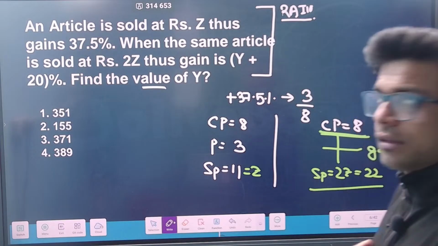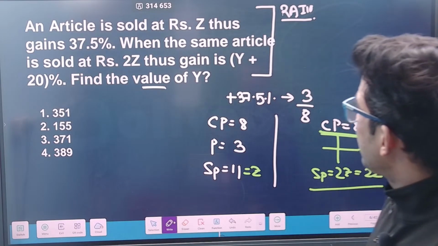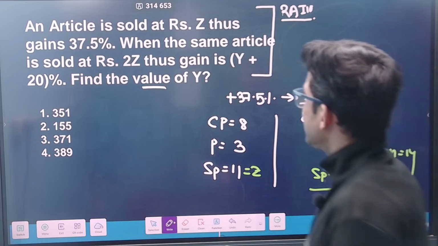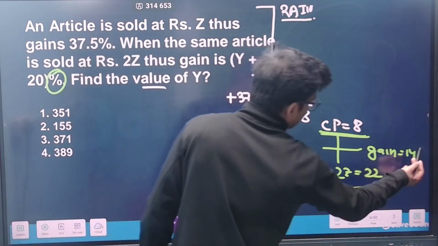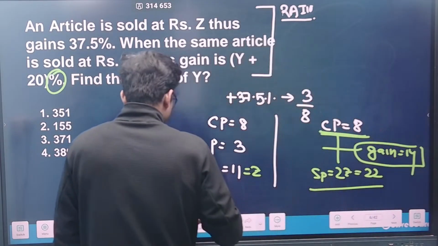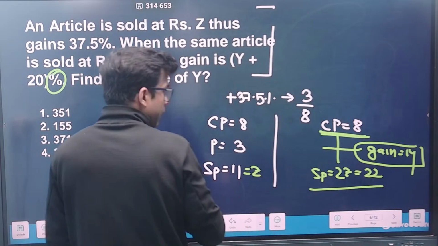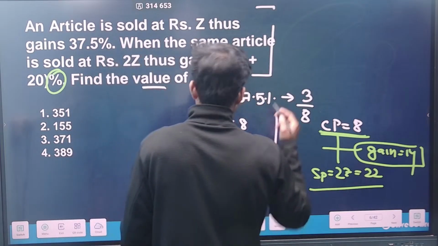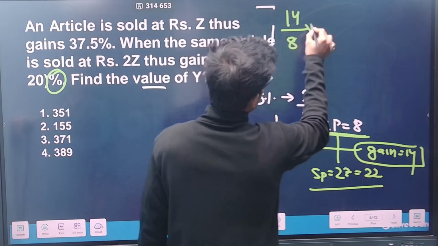But see, the point is that they're asking to find the value of y, but the gain is in percentage, and your gain is only in terms of rupees, which is 14. How would you take out the percentage? For the percentage, 14 by 8 into 100.